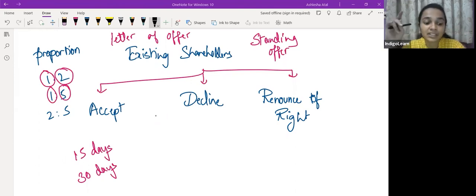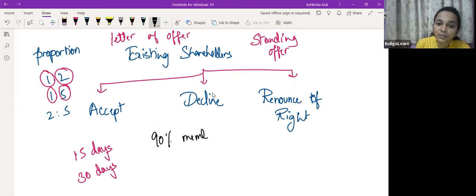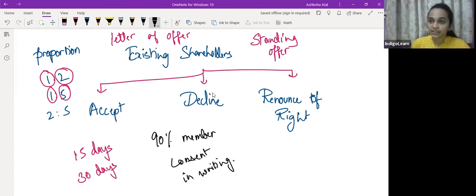So private company case में lesser time span would be allowed, provided that 90% of the members of the private company, they give their consent in writing. प्राइवेट कंपनी के केस में, पब्लिक कंपनी के केस में नहीं. ठीक है. So your time span can be less than this time which has been specified in case of a private company, provided that 90% of the members have given their consent in writing or through any electronic mode.